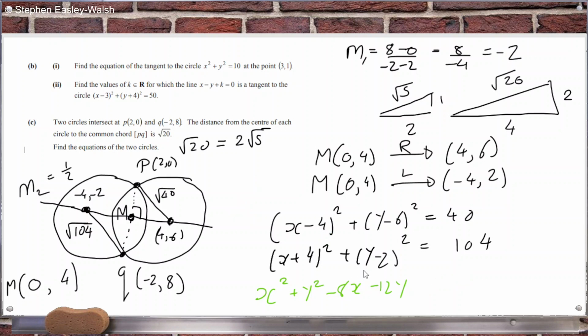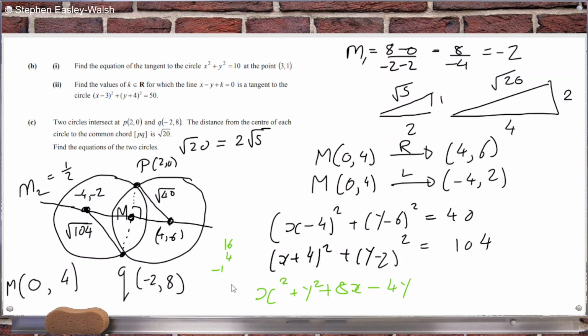And then let's have a look at the other one. So that's x squared plus y squared plus 8x minus 4y, and then that's 16 and 4 minus 104. So that's 20 minus 100. No, that's way off.